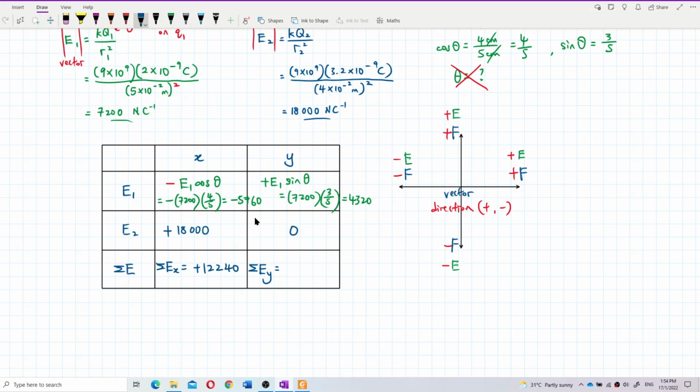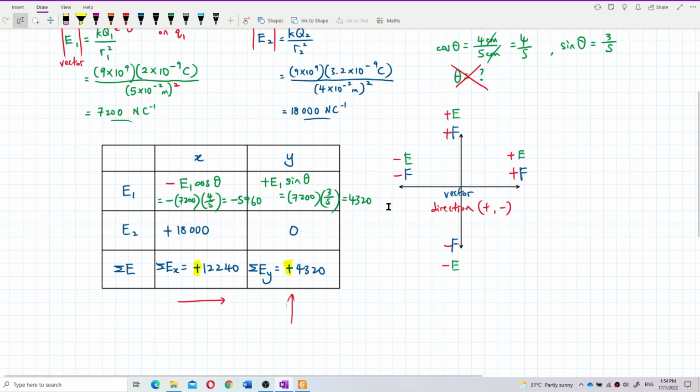The y component is also positive 4320. Since the signs are positive, it is going to the right and going upward.